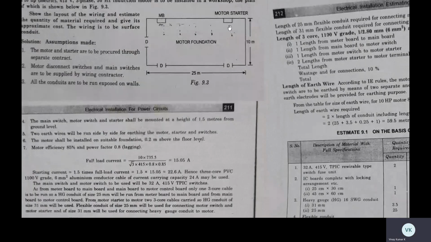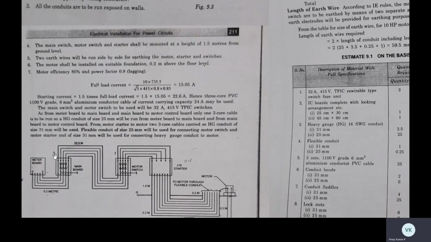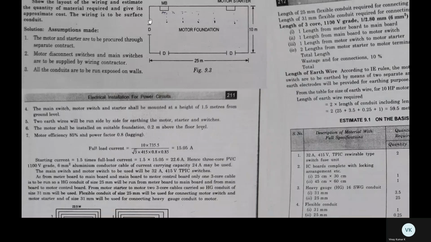From meter board to motor switch. From meter board to 1 meter of height, 1.5 meters of height. Okay. This is the 25 meter. The meter board should be placed at 1.5 meter, and the motor starter is also at a distance of 1 meter.